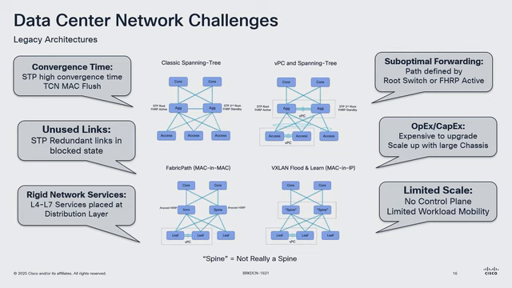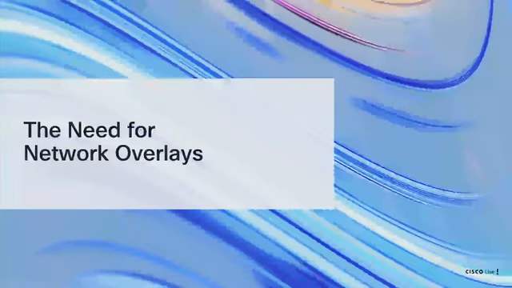And so we needed something much quicker, much more efficient, to be able to capitalize on those benefits. Then we wanted to get away from those unused links. How can I make sure I can have active links, leveraging something beyond vPC to really get out of that limitation of just two switches? I wanted to make sure I can have the best type of forwarding and the best type of delivery, but ultimately scale. So that's why we had these challenges.